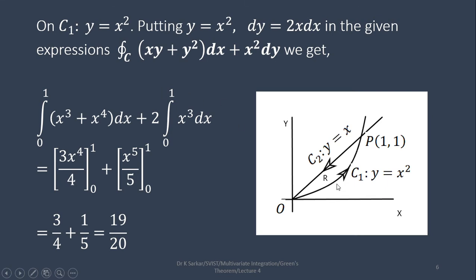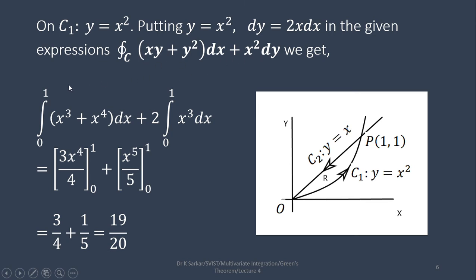First we have to find the line integral on the curve C1. On C1, y equals x square. So if we find the derivative of y, we have dy equals 2x dx. Now let us put these values, y equals x square and dy equals 2x dx, in the given expression.